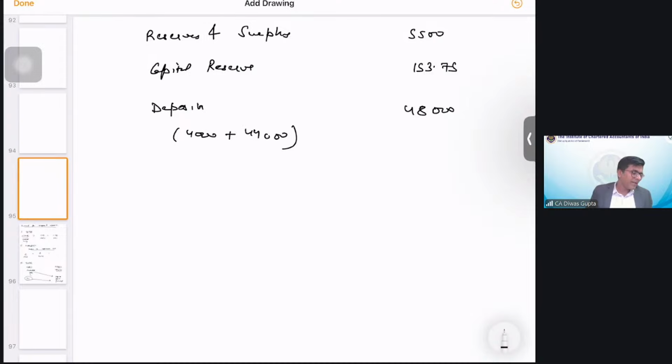Other liabilities 890 plus 2,500, which is 3,390.